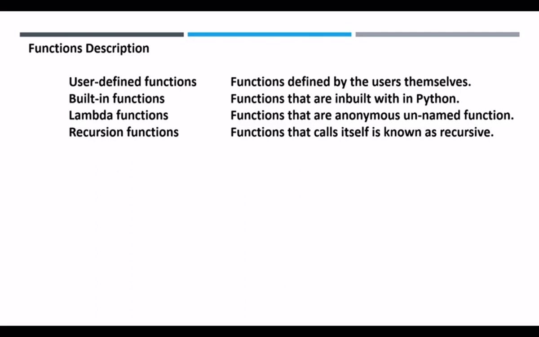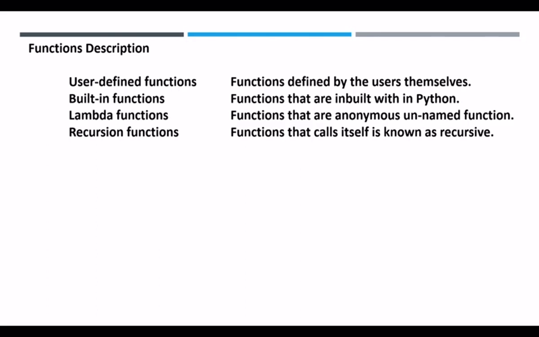Such functions are called lambda functions. The fourth is the recursion function or recursive function. A function which calls itself is called a recursive or recursion function. So these are the four different types of functions and their descriptions in Python.